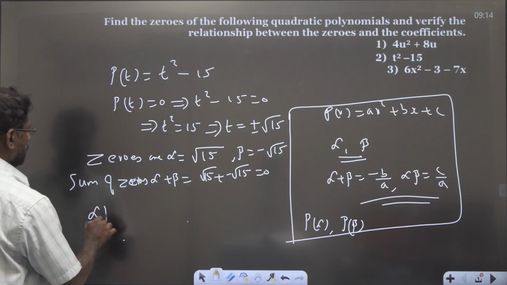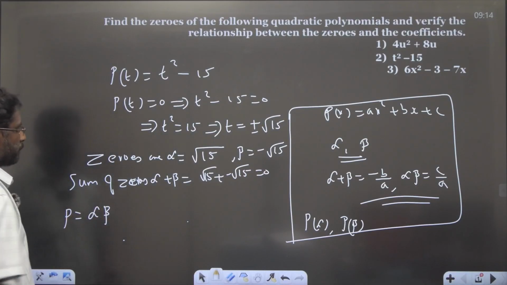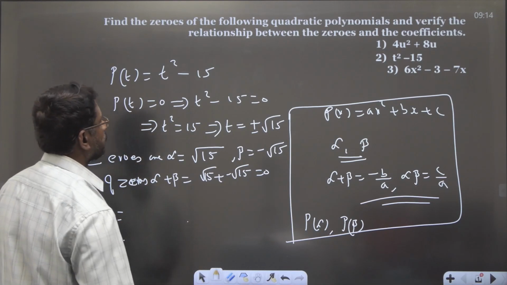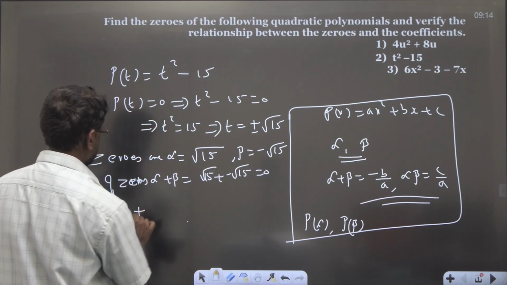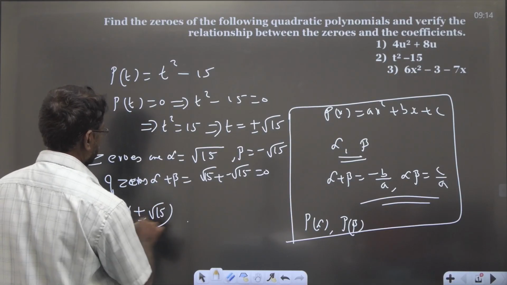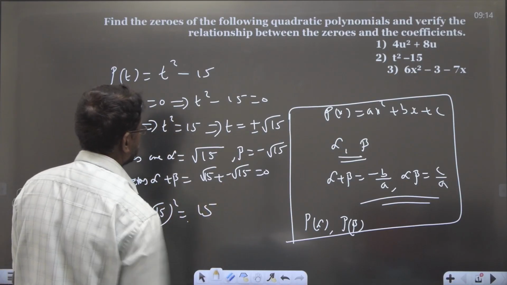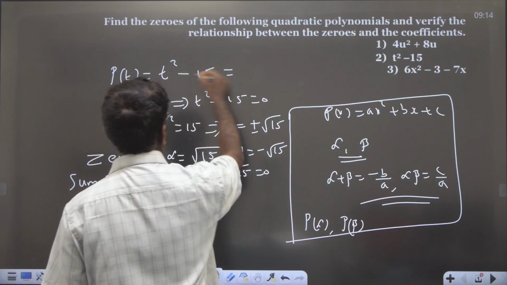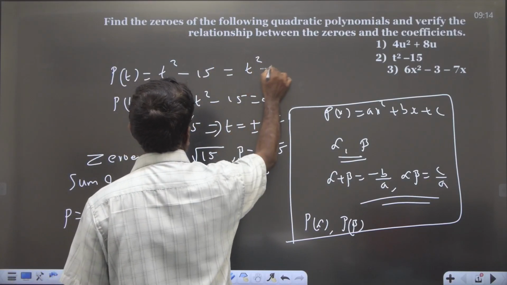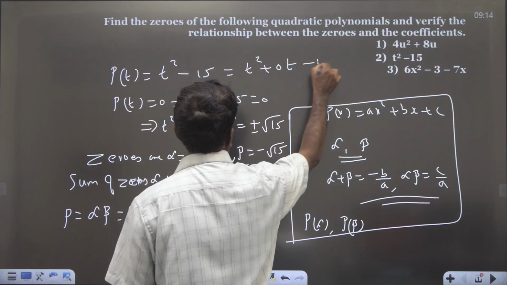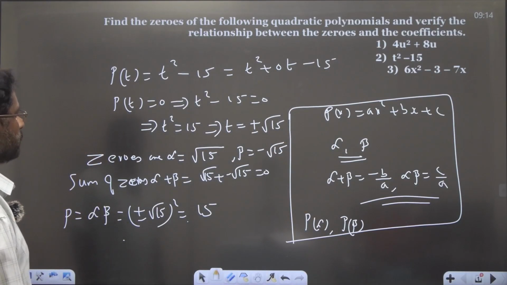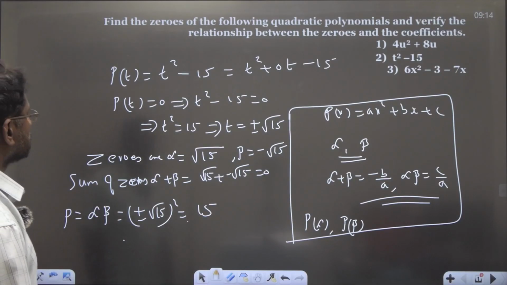The product alpha beta is plus or minus root 15 square, that is again 15. So the standard form is, here the first degree term is absent, t square plus 0t minus 15. This is the standard form.